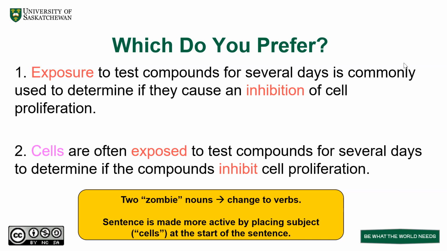And so these zombie nouns, you have the option of changing them to stronger verbs. And so that change will often require some reorganization. But in this instance, when we look at that second example, we are putting the subject, cells, at the beginning of the sentence, and we are pairing them with the appropriate verb more readily. And so it might be making the relationship clearer for you as a reader.